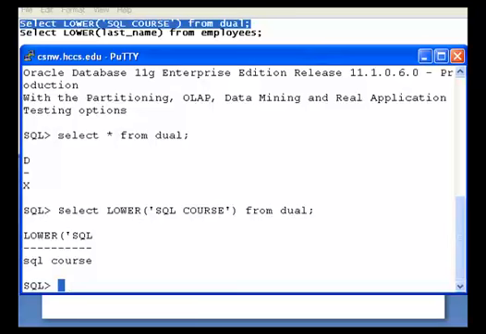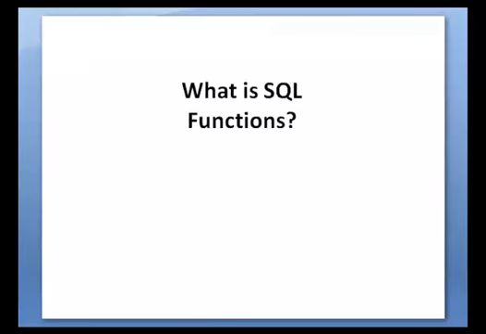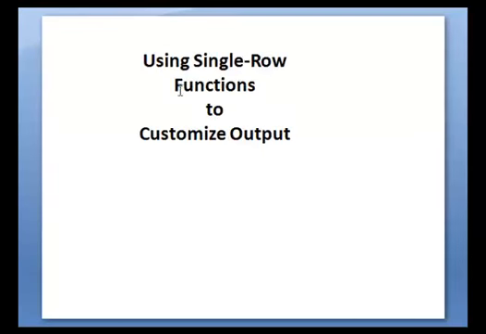This is one type of the functions that we deal with, and we're going to have many of these features available that allow us to manipulate the data in the database and have a customized output in the format that we would like. Let's look at it in much more detail.